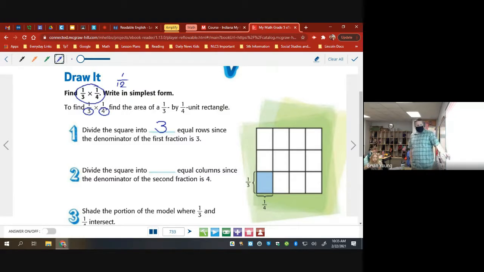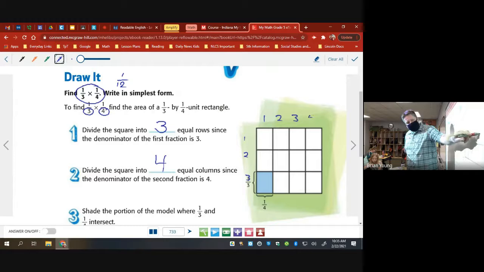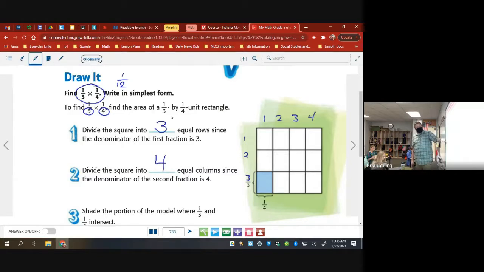We're going to divide the square into 4 equal columns, since the denominator in the second fraction is 4. So notice how we have 1, 2, 3. We have 1, 2, 3, 4. Because of this 3 and the 4. That's the only reason why we divided it like that. All right, that's the first part.